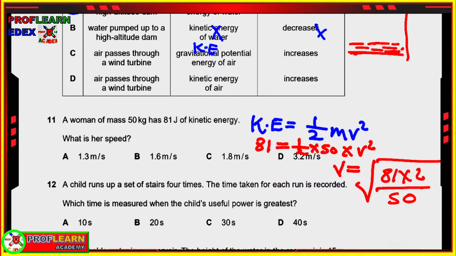Number 11, guys. We are working on number 11.